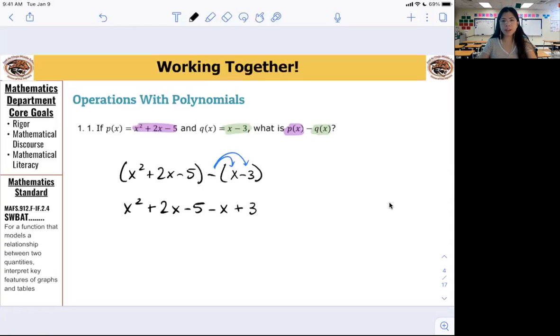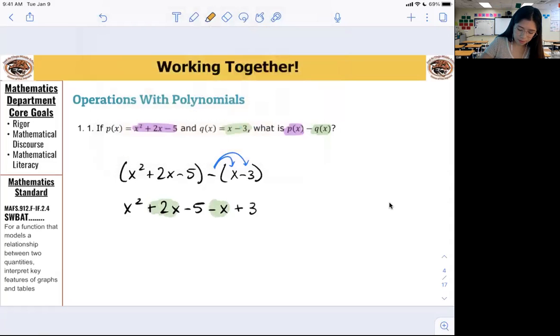Okay, just about 10 more seconds. And time. All right, combining like terms, I have 2x and negative x.